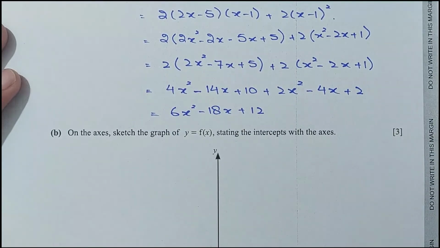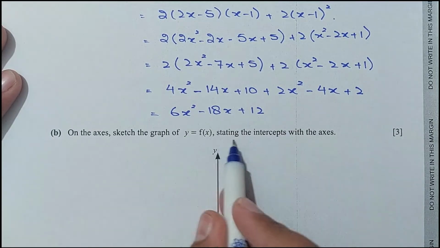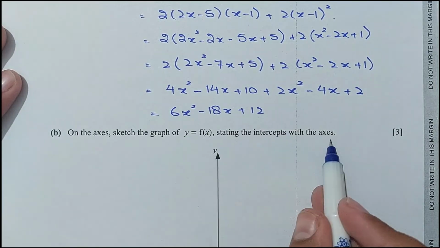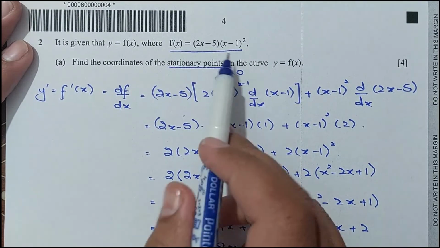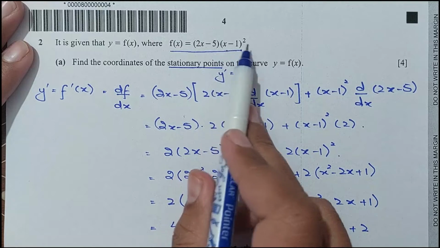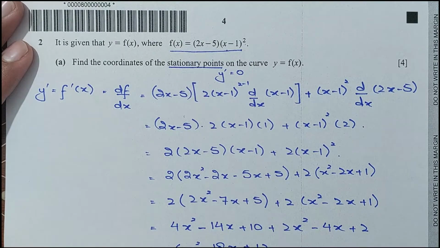Now for the second part B: on the axis, sketch the graph of y equals f of x, stating the intercepts with the axis. As you can see, this is a polynomial function, and it is a cubic function as well. We have to state the x-intercepts and the y-intercept for this.